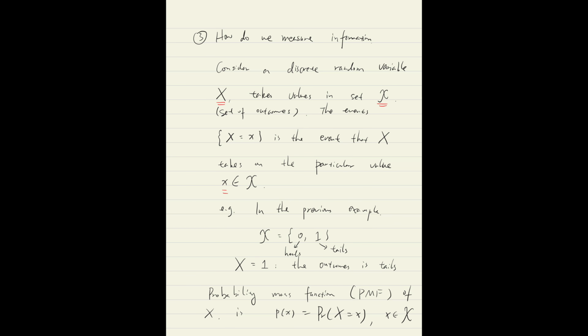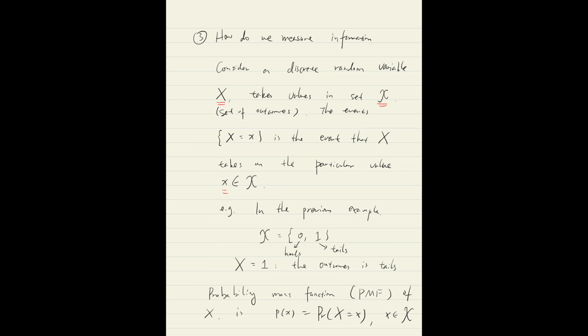Discrete basically means that it takes values in some discrete numbers. We can assume that the total number of values it can take is finite. Countably infinite is totally fine, but we're talking about finite numbers here for simplicity. So from here we can define the probability mass function, the PMF of X.